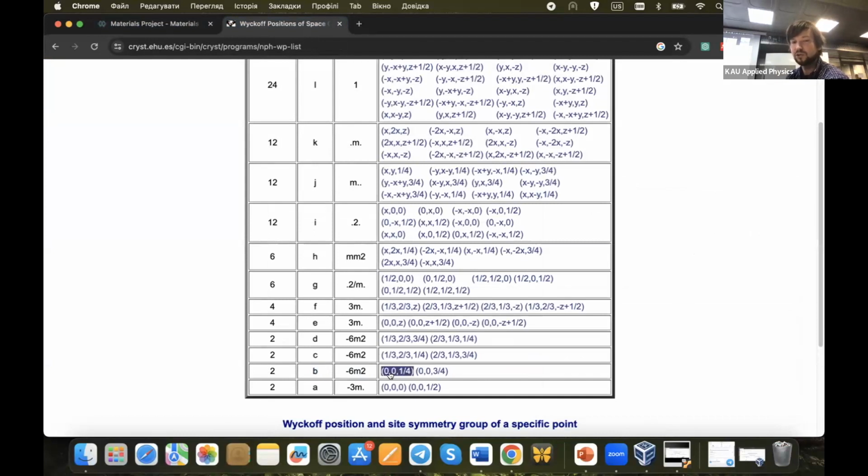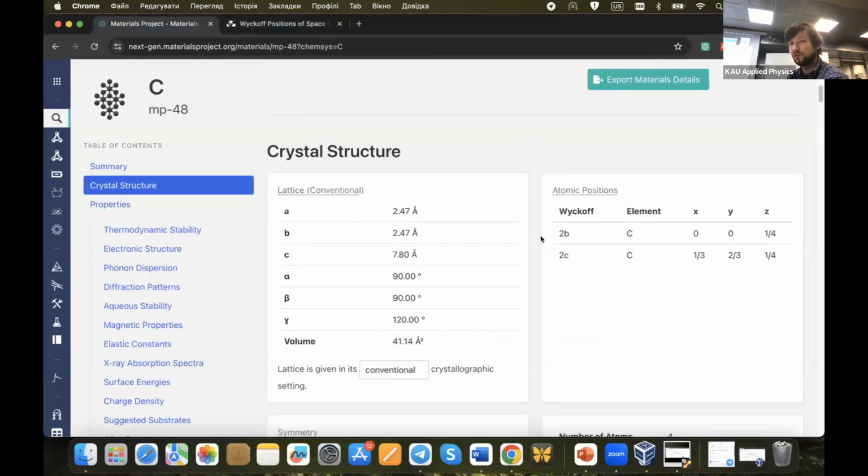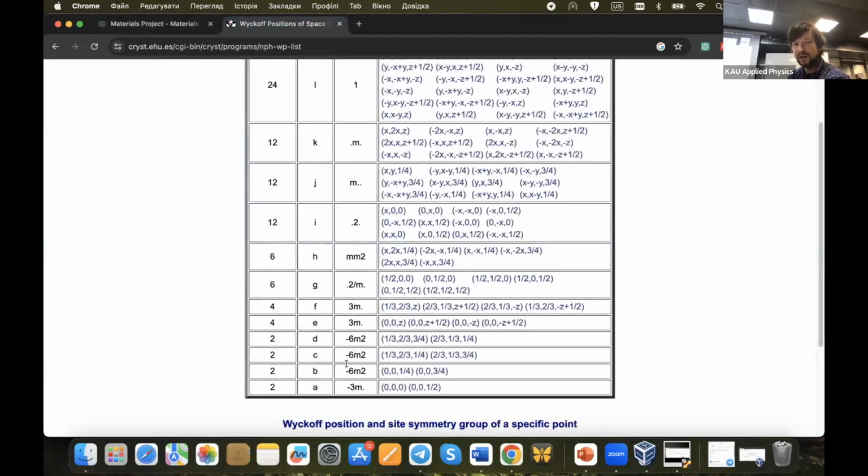We have 2 coordinates, so 0 0 1/4 and 0 0 3/4. Yes, it's a mirror atom, so we have 2 mirror atoms. So by this formula, 0 0 1/4 and 2B stand for two atoms, and we can apply these symmetry operations on the first atom, on 0 0 1/4, and we will get another atom, or we will get the same atom.